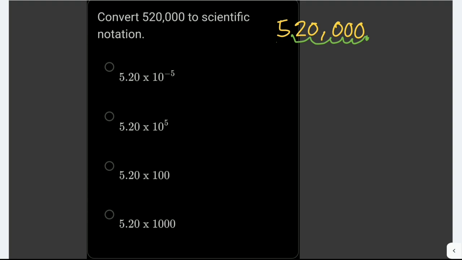Since the decimal part of the scientific notation should be a real number between 1 and 10, the decimal point should be between 5 and 2. Therefore, the decimal part of the scientific notation would be 5.2.